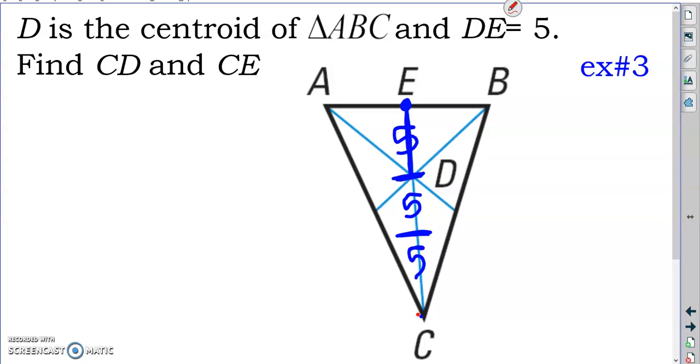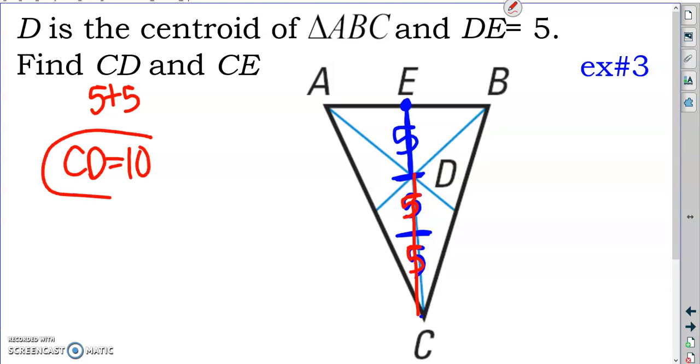So the length from C to D is 5 plus 5, which is 10. And the length from C to E is the length of the whole median, C to E. So 5 plus 5 plus 5 is 15.